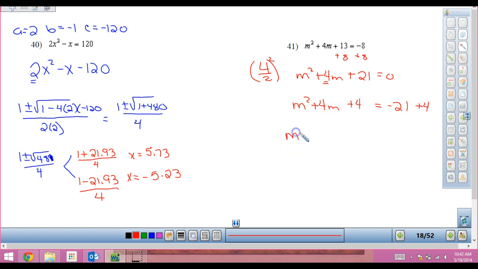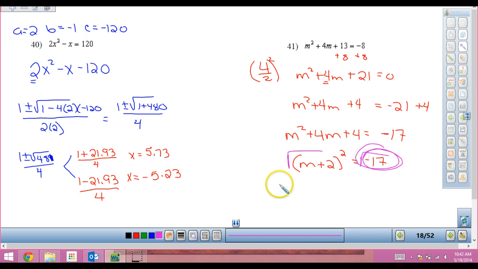Now this is where m squared plus 4m plus 4 equals negative, what, 17? Okay, so m plus 2 squared equals negative 17. Now when I go to take the square root of this stuff, can I take the square root of a negative number? Nope. So that means in this one, I've got no solution. And all that means is that it doesn't cross the x-axis. One of those parabolas that doesn't cross the x-axis.